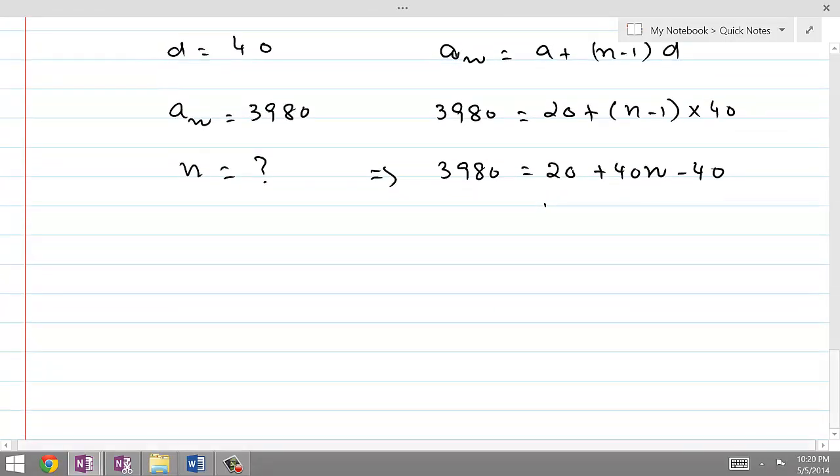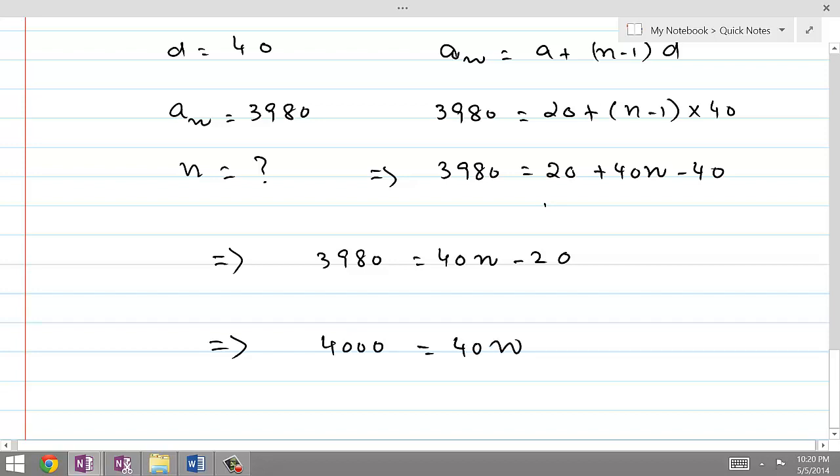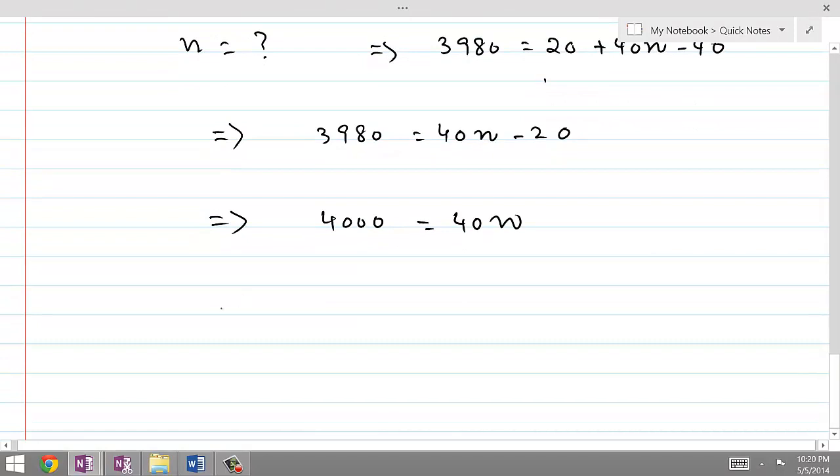So this gives us 3980 is equal to 40n minus 20, and if we add 20 on both sides, 4000 is equal to 40n. Dividing both sides by 40, n is equal to 4000 divided by 40, which is 100.